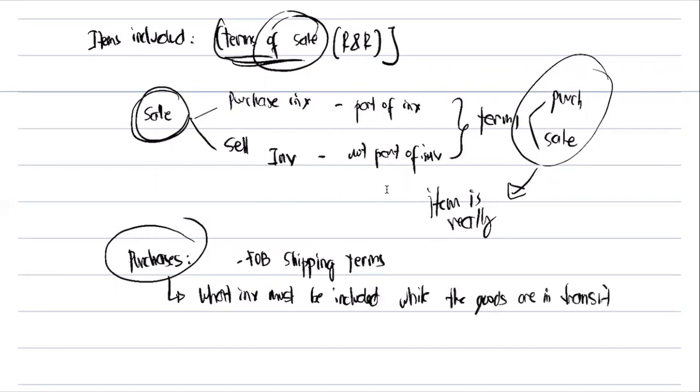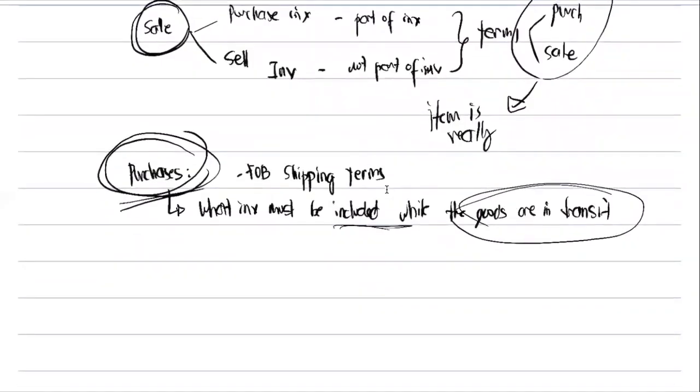Take note, we are to purchase. If you are to purchase, what inventory must be included while the goods are in transit? So we have two FOB shipping terms. You have your FOB shipping point and FOB destination.